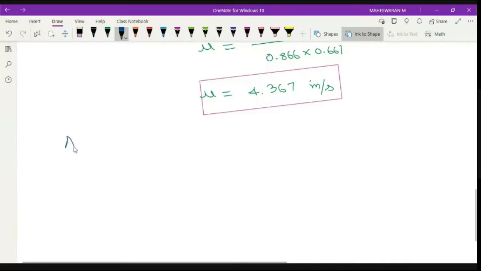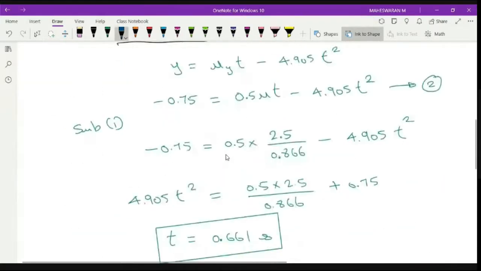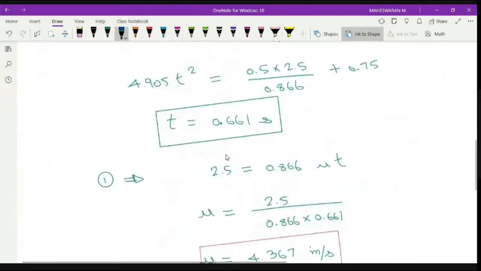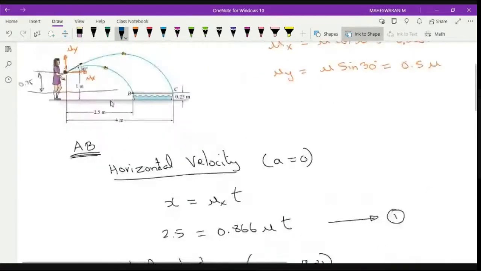Let me consider AC. Forget about the first one. Now we'll go for AC, same procedure, there is no difference. I have to identify my horizontal velocity. For the horizontal velocity, I have data only for the x distance. So x is 4 in this case, because from this point your x distance is 4.